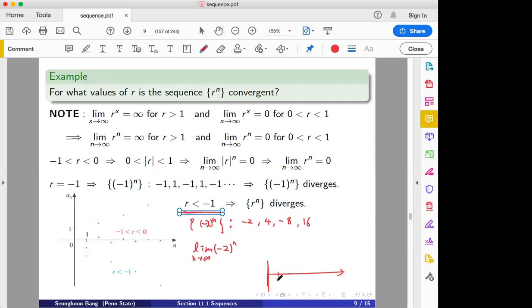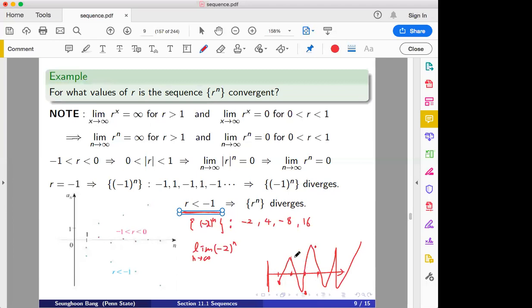The graph is like this. 1 has negative 2, 2 has 4, 3 has negative 8, 4 has 16. What happens? It oscillates. The odd terms, negative 2, negative 8, negative 32, approach negative infinity.